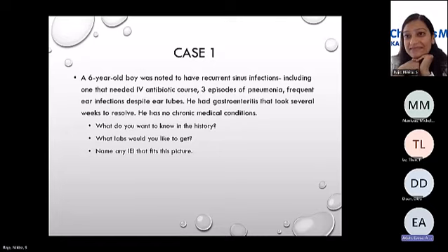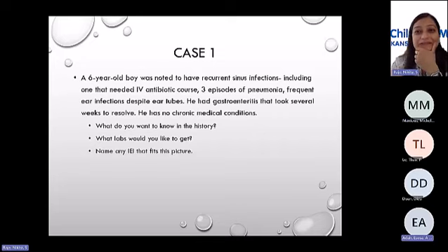Just the basic immune workup to start with, I feel like we do this with all of our patients. Immunoglobulins, a flow, and antibody titers. Awesome. Right. And name any immunodeficiency that fits this picture.